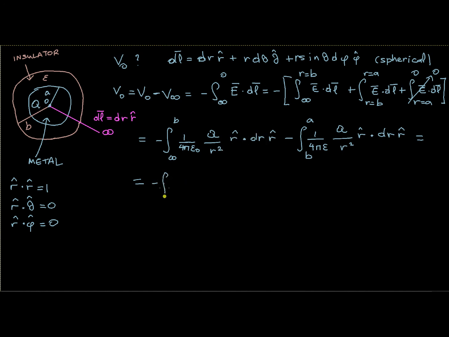So my integral is minus, infinity to b, of 1 over 4 pi epsilon naught q over r squared dr, minus, going from b to a, of 1 over 4 pi epsilon q over r squared dr. Now this is the result of these two integrals.